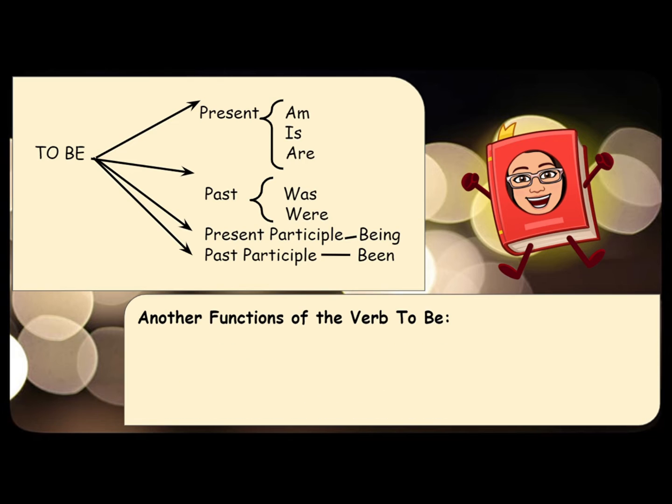But the verb to be has other functions. As a linking verb. For example, Suzume no Tojimari is my favorite manga. In this case, the verb to be is used as a linking verb because it provides information about the subject.